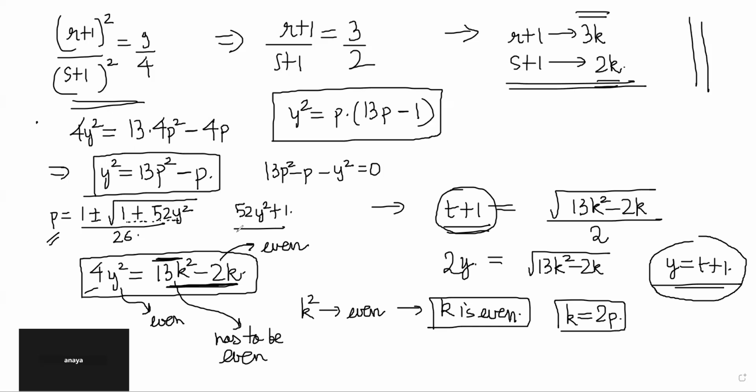If you put y as 1, you're not getting it. y is 2, 52 into 4, 208 plus 1, no. 52 into 9 plus 1. How can we get a perfect square from it?